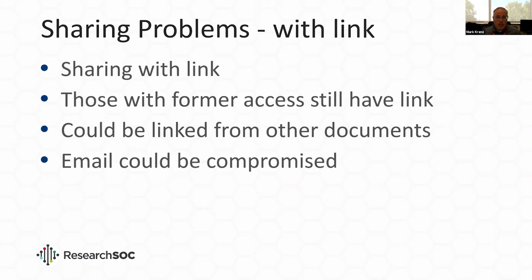It could potentially be linked from other documents that are more open. For instance, if you have some document that goes over policy or something like that, and there's a link within it to a more restricted document, then somebody could discover the document that was meant to be more restricted just by having the link from the earlier document.